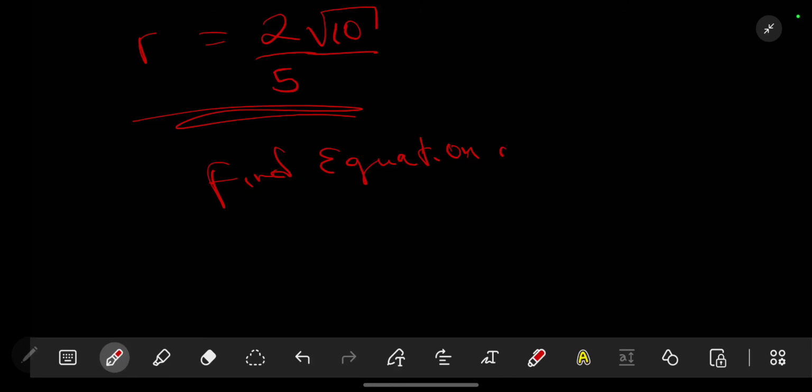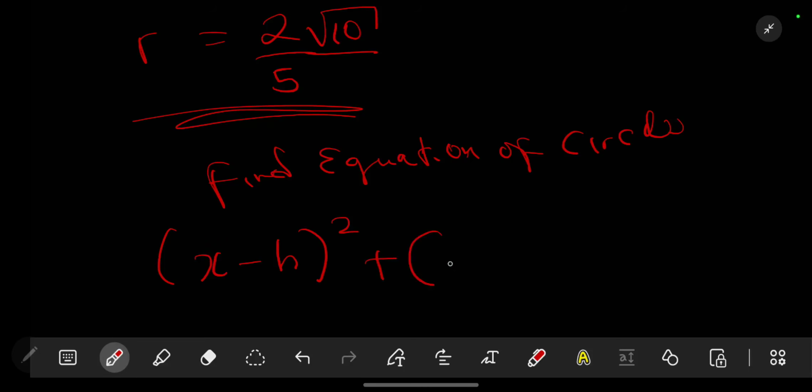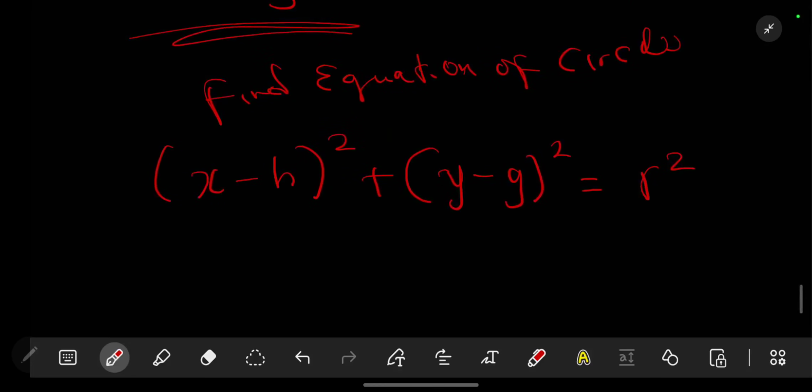Just in case, the equation of a circle in standard form is given in the form x minus h squared, plus y minus k squared, like that, should be equal to r squared. So this is the equation of the circle.